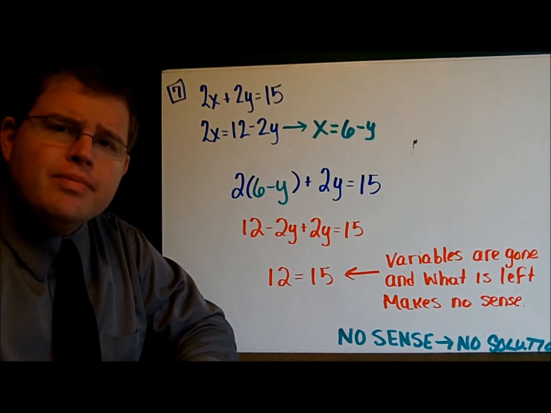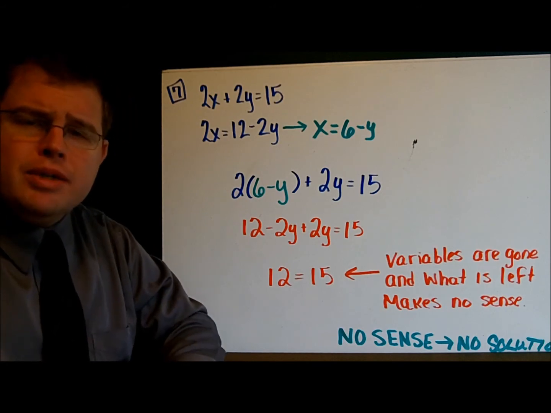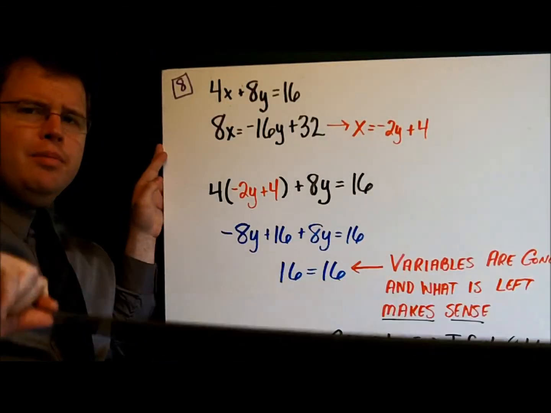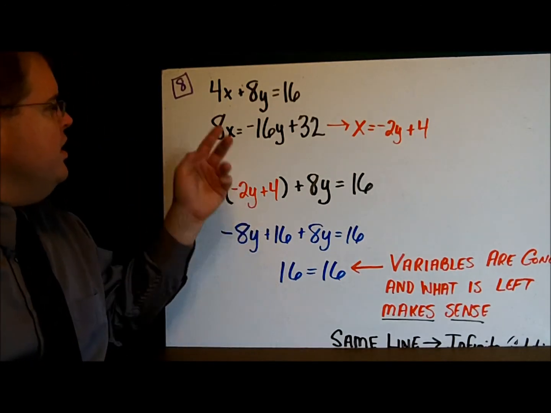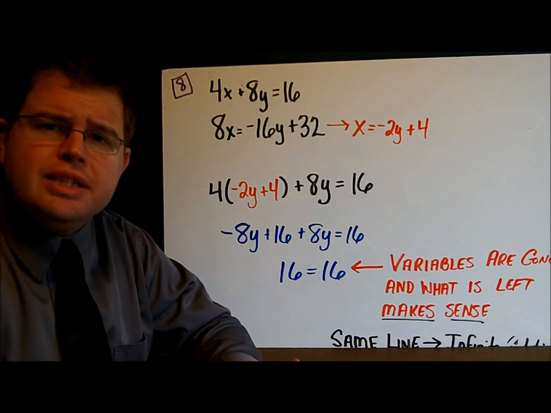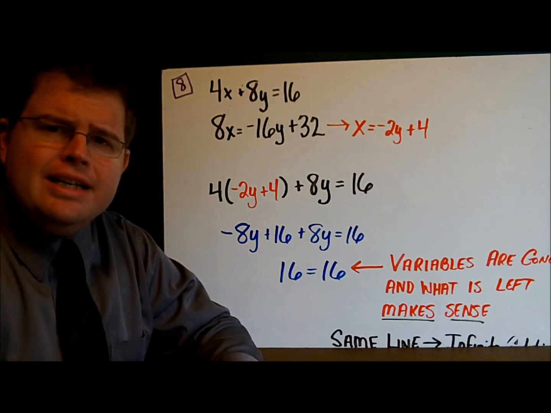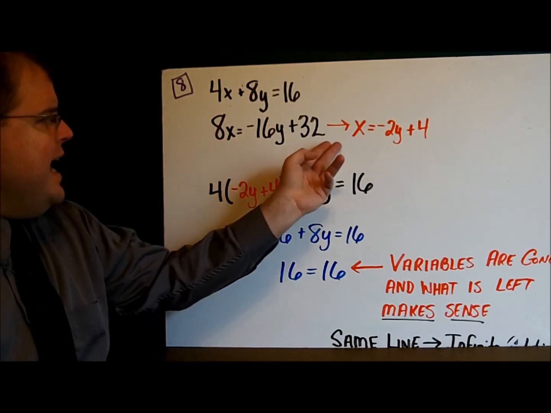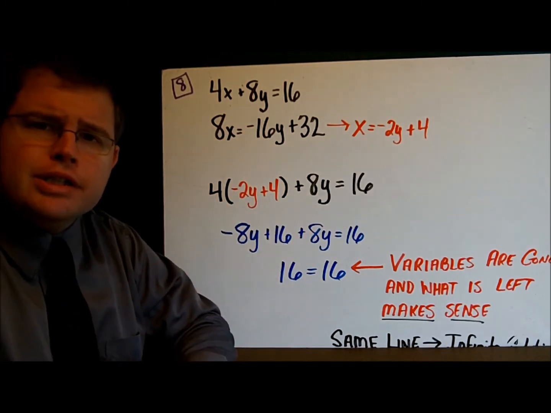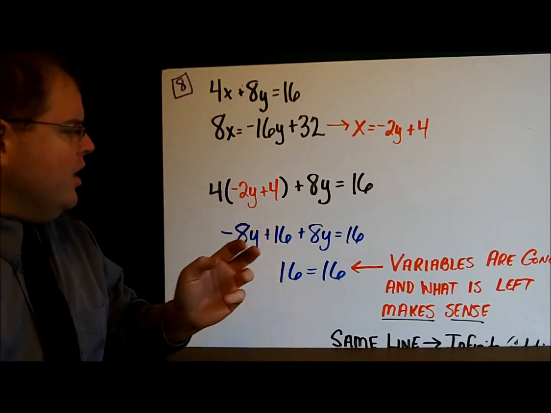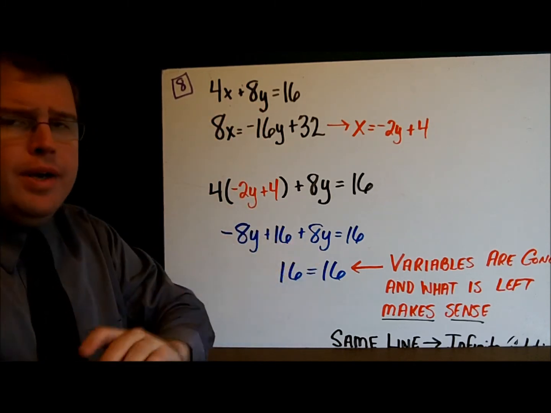Our final example we'll take a look at is an example in which we have an infinite number of solutions. I began with my two equations and I decided to use substitution. So what I did is I got the variable alone in one of them, in this case x equals negative 2y plus 4, and I plugged it into the other one, and I solved. Once again, my variables fell out.